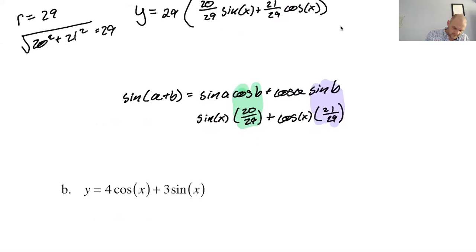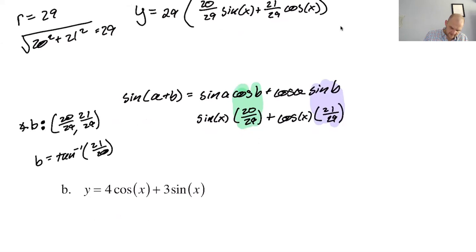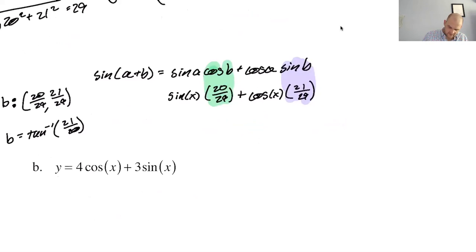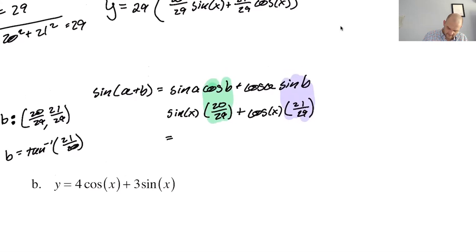So for angle B in this case, I know the ordered pair is 20 over 29, 21 over 29. So I know that B is the arctan of 21 over 20. So this I can rewrite as the sine of, so it's a plus b, so in this case, it's x plus tan inverse of 21 over 20.